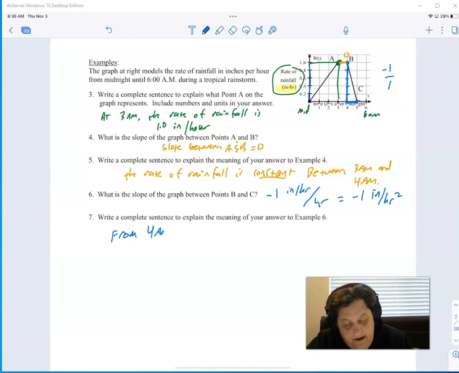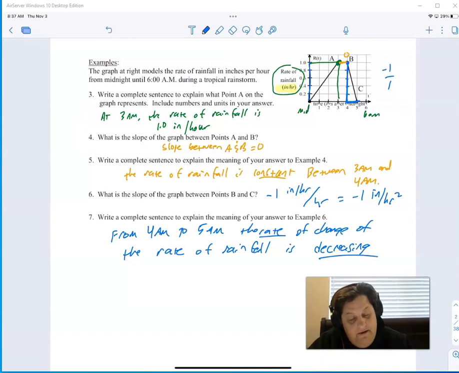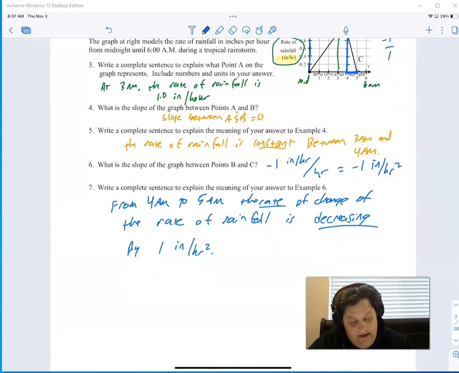From 4 a.m. to 5 a.m., the rate of change of the rate of rainfall is decreasing, because it was negative. The rate of change of the rate of the rainfall is decreasing by 1 inch per hour squared. So it's like a rate of a rate. Hopefully that all makes sense.